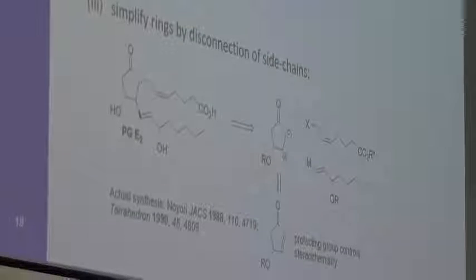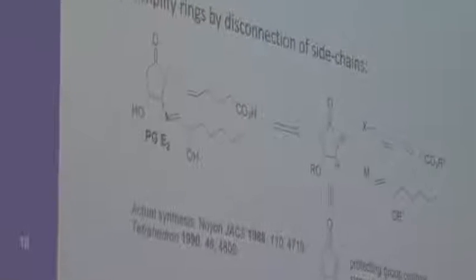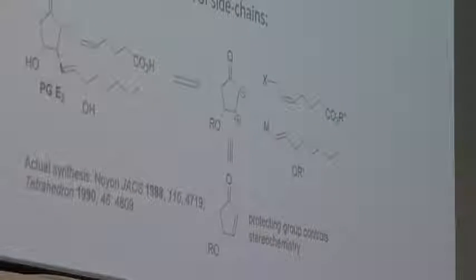published by Noyori, but I think Corey was also the supervisor for Noyori in this case. This prostaglandin synthesis is a one-pot synthesis, where the protecting group here controls the stereochemistry of the incoming cuprate, a Michael addition.